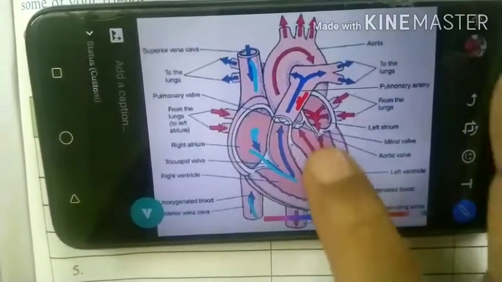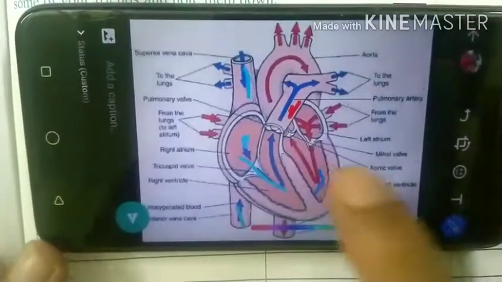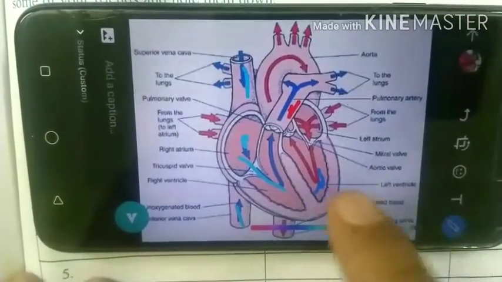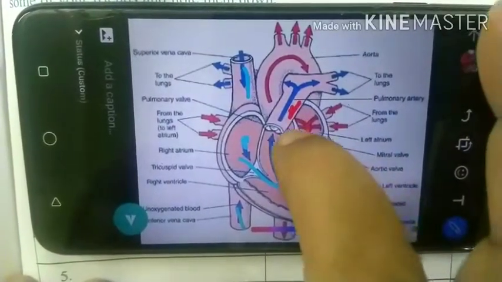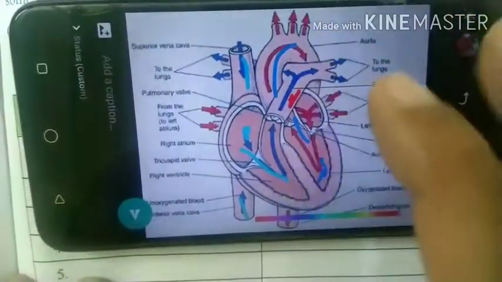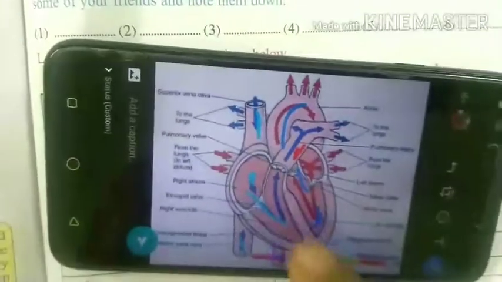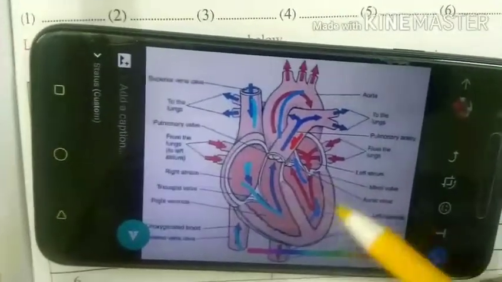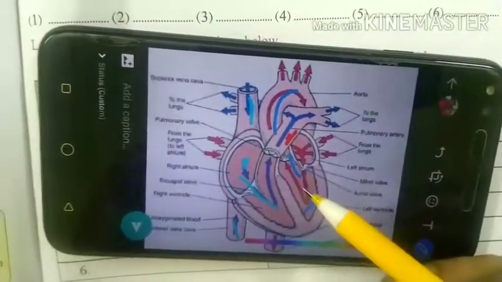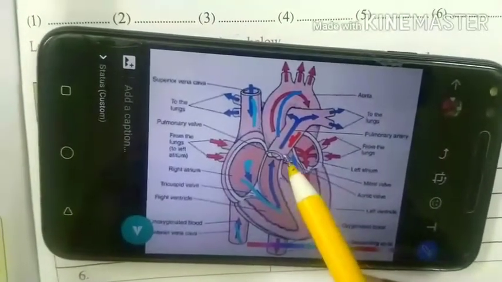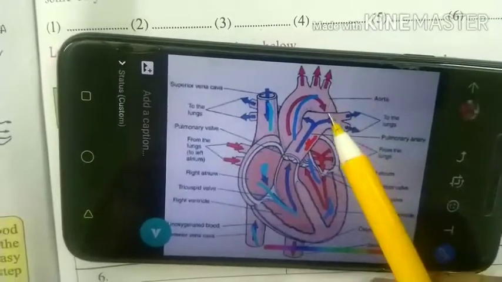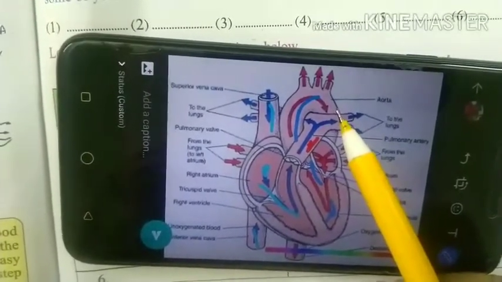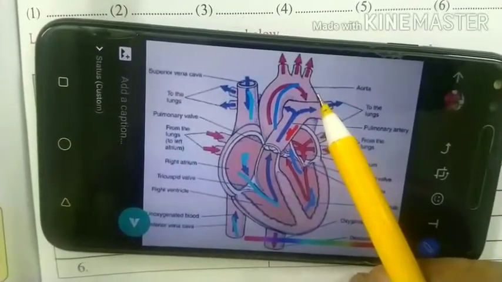This is left ventricle. And then blood from left ventricle enters into the aorta. And there is also valve in between left ventricle and aorta. Through aorta, pure blood reaches to our different parts of the body.